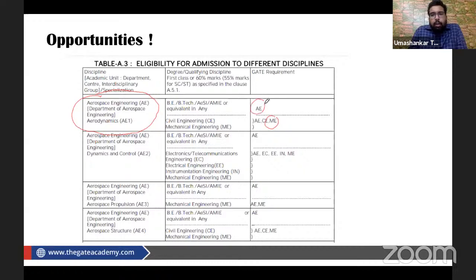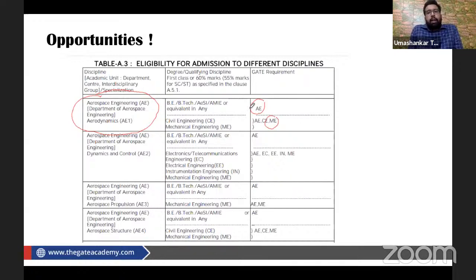So what is the benefit of it? For example, you have filled mechanical engineering as the primary paper, and you have chosen aerospace engineering as the second paper. What could be the potential benefit of writing this second paper?